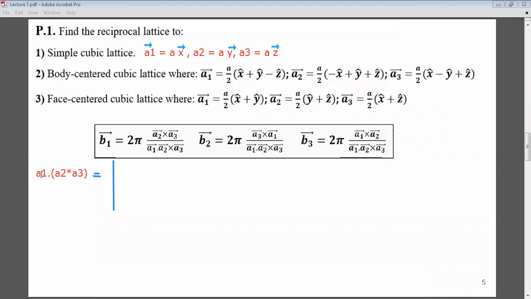Vector A1 is a x-hat, so here there is a, and here there is nothing, and here there is nothing. A2 is a y-hat, so it is under the Y: here there is 0, here there is a, and here there is 0. And A3 is 0, 0, a.